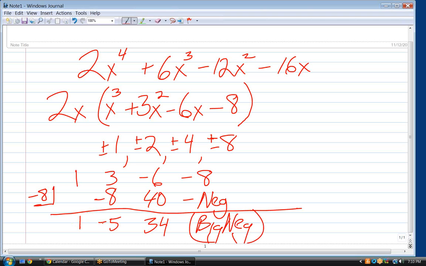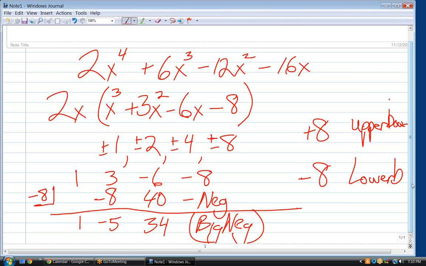Well, that's plus, minus, plus, minus. That tells us that minus 8 is a lower bound. So we know that plus 8 is an upper bound, that whatever solution there is, it's going to be smaller than plus 8. And minus 8 is a lower bound.